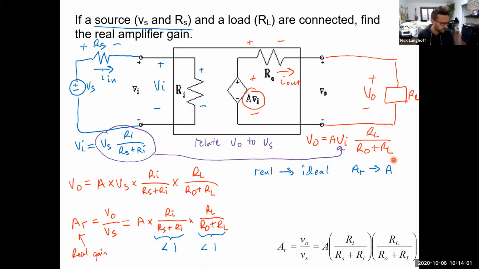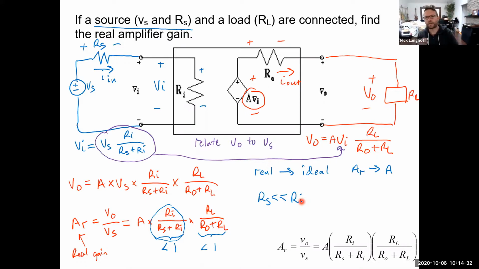Well, to do that, we want to make each one of these terms, like this one right here, as close to 1 as possible. How do you do that? Well, you try to make the denominator, RS plus RI, as equal to the numerator, RI, as possible. So that means that RS, the source resistance, has to be much, much smaller than RI, the input resistance.